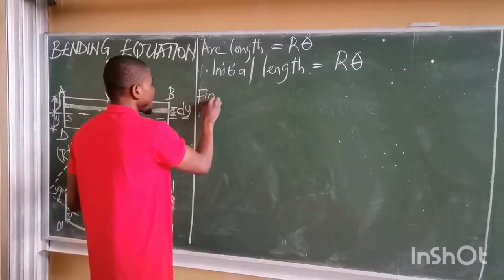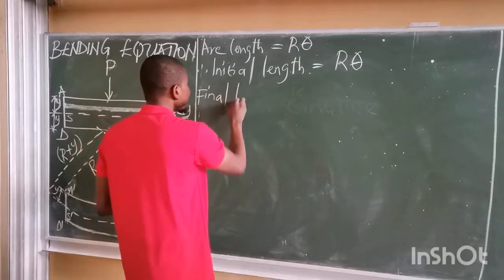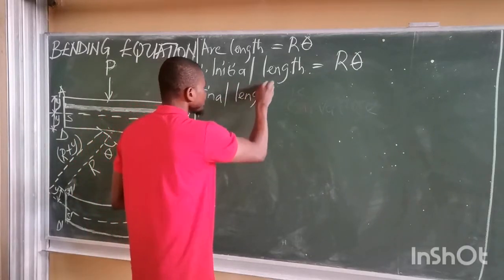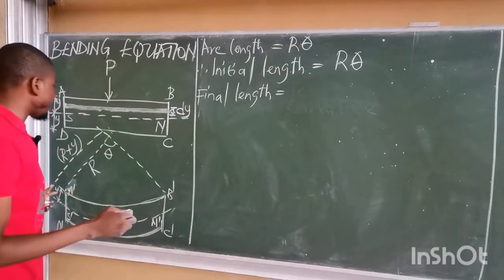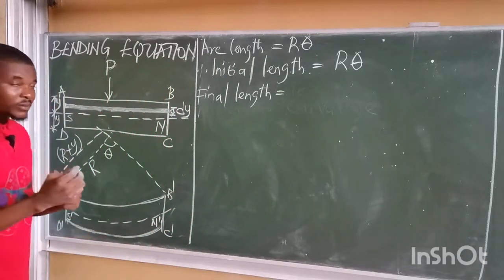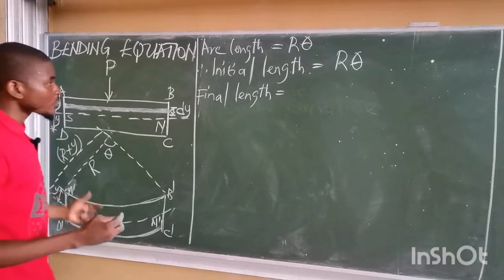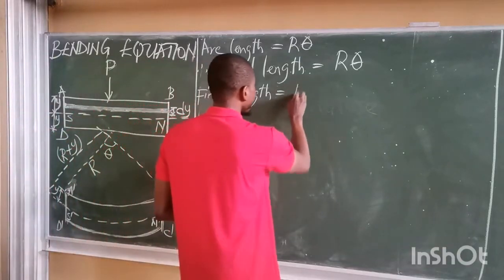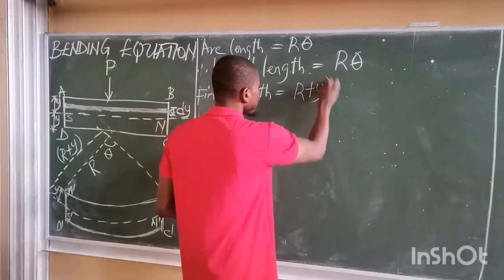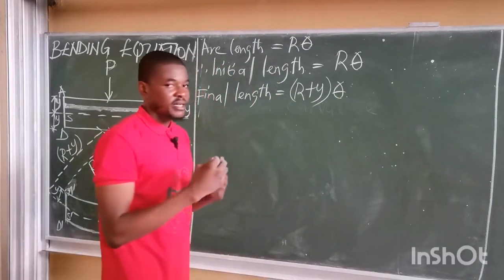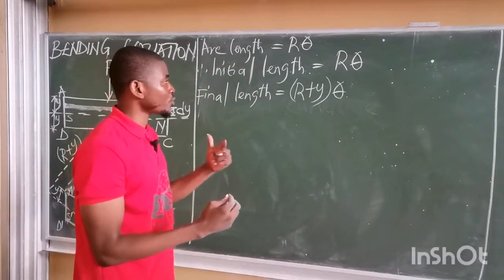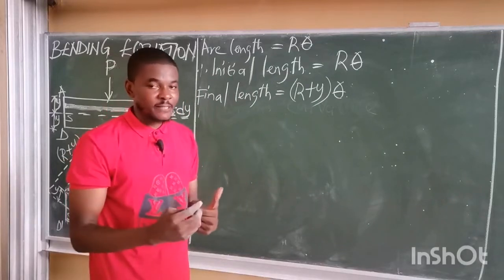It's still going to be an arc. Final length is now simply that radius from the center to the neutral axis, and the radius is actually a sum of r plus y. So we simply put that down, r plus y multiplied also by theta, because it's also an arc length. So we simply have r plus y multiplying by theta.